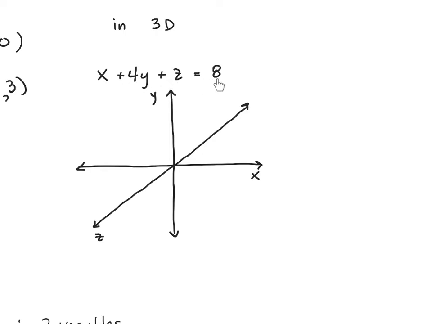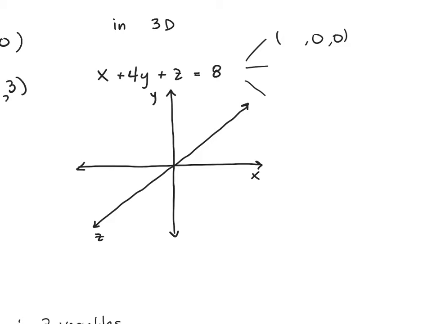is the three-dimensional version of a line. The three-dimensional version of a line is what's called a plane. And the way that you graph that is pretty much the same way that we found the x and y intercepts of a line. So to find the x-intercept, we let y and z equal 0.